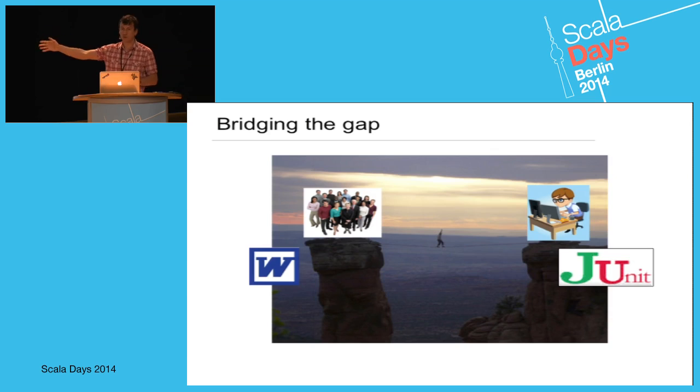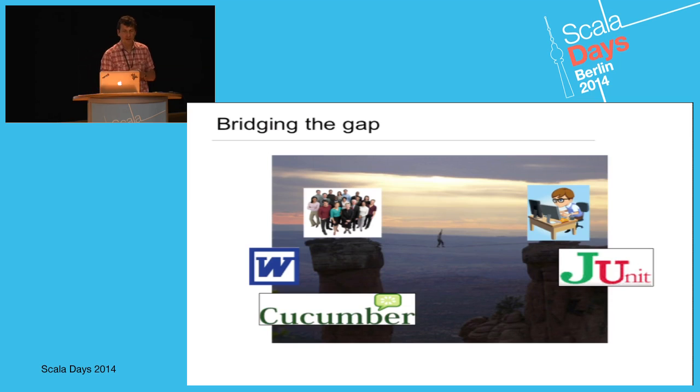If you take a tool like Word, it's clearly in the informal text world. And if you use JUnit as a specification tool, you're all of a sudden in the world of code, the world of developers, knowing all the syntax and the defs and the classes and all these things. Year after year, you've seen different tools trying to bridge this gap in different ways. You have something like Cucumber, which is more like having text files that can still be read as text, but can also be parsed, and you can have some code relating to this text, trying to bridge this gap.